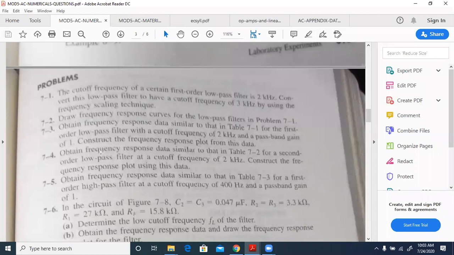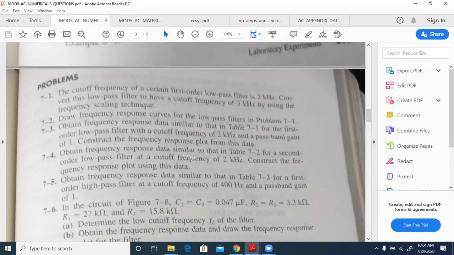Passband gain of 1 means AF is equal to 1 plus RF by R1 is equal to 1. That will give us RF by R1 equal to 0, and that will give RF equal to 0. That means the amplifier we have connected is a voltage follower. Only case is voltage follower, so RF will be equal to 0.